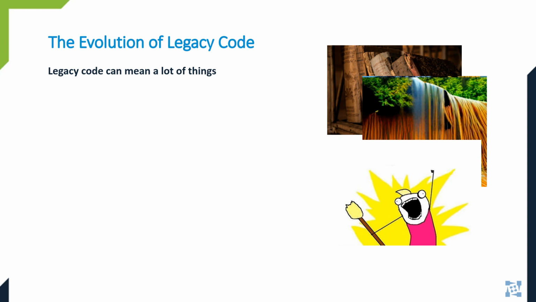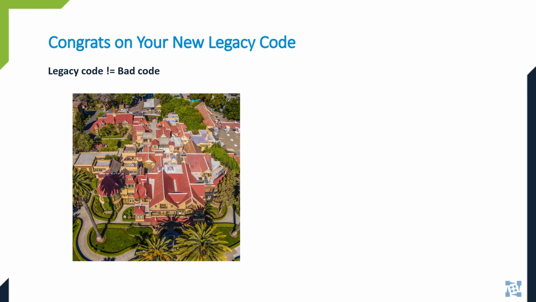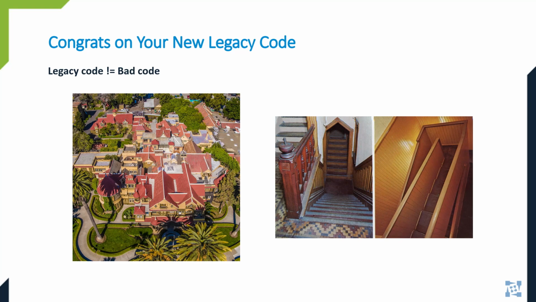And a good analogy here is, imagine inheriting a 100-year-old home or mansion from a distant relative, right? It's a beautiful property. There are tons of antique pieces and unique designs in the house. But once you start looking inside, not everything makes sense anymore.